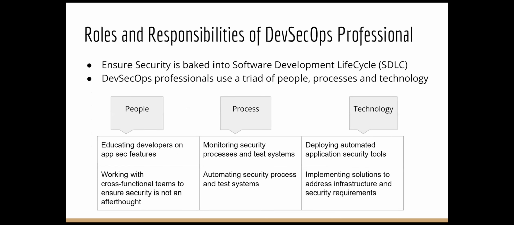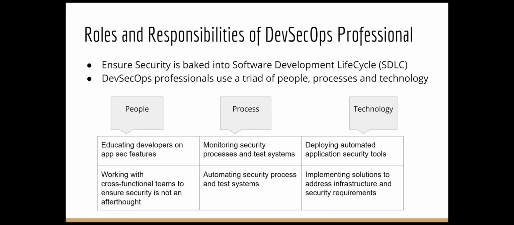So what are the roles and responsibilities of DevSecOps professionals? The primary responsibility of a DevSecOps professional is to ensure that security is baked into SDLC. DevSecOps professionals use a triad of people, process, and technology.